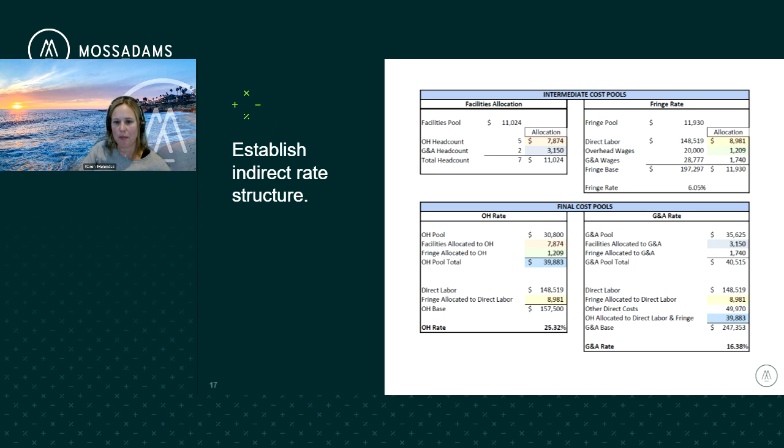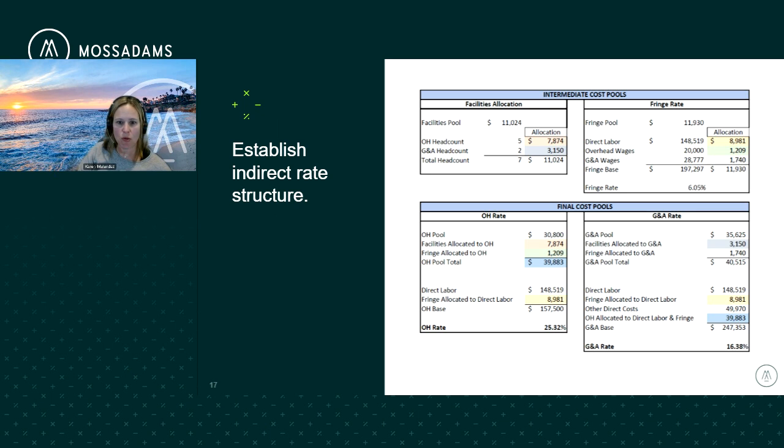The next intermediate cost pool that we're going to look at is fringe, and that's a typical cost pool that we see contractors have. It accumulates all the types of fringe benefits that a contractor will incur, things like payroll taxes, vacation expense, medical benefits.